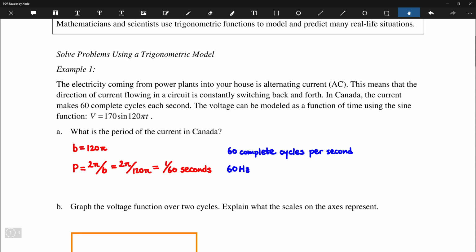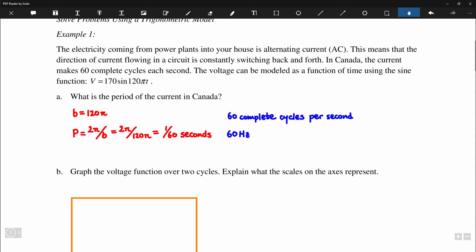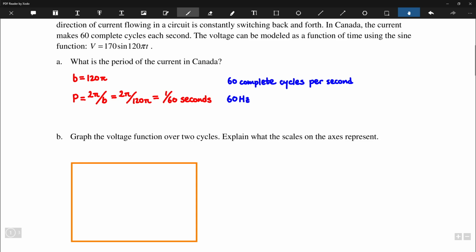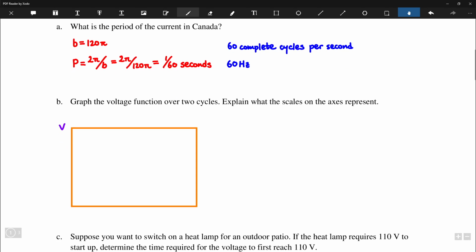Okay, so if we were to graph this function, the dependent variable is v, and the independent variable is t from the equation that we have. So we know that v is equal to 170 sine 120 pi t.